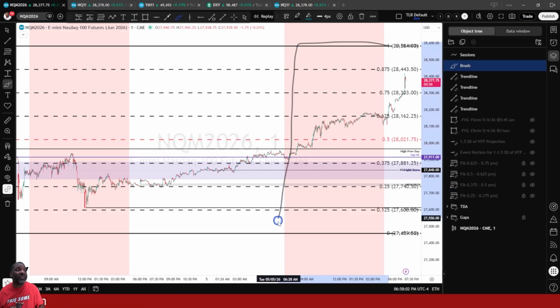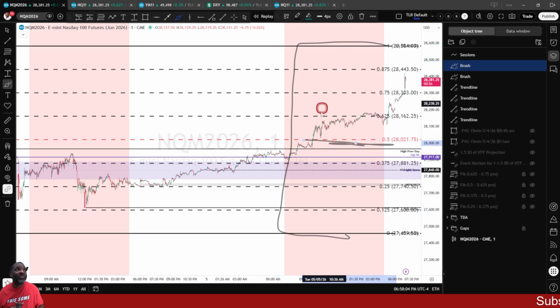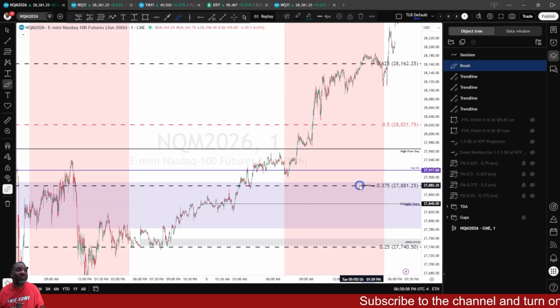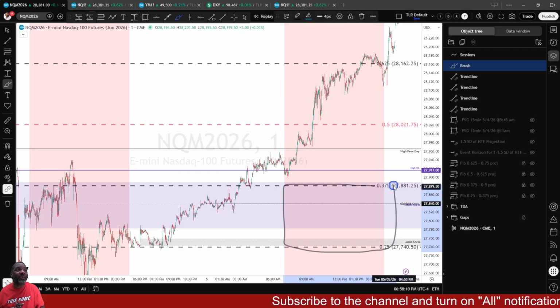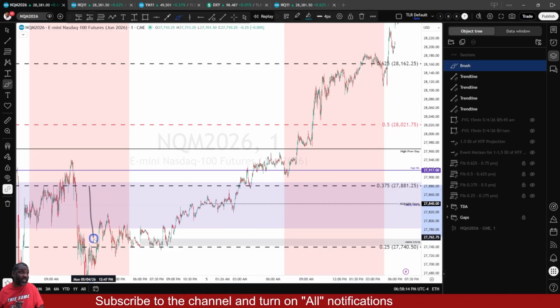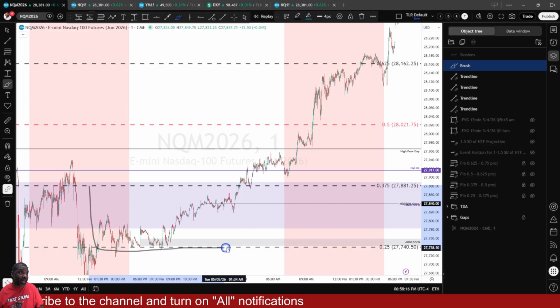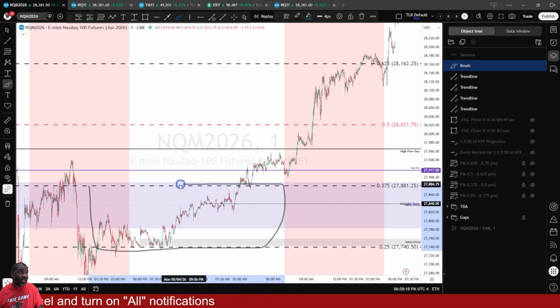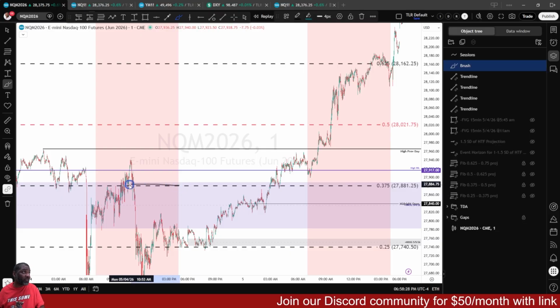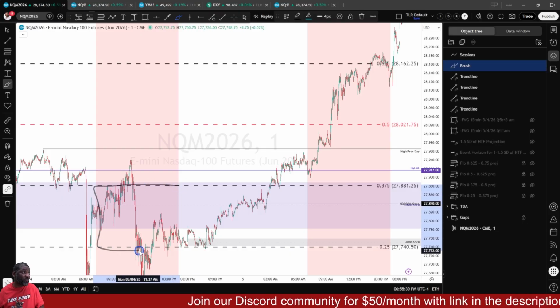We was looking at the event horizon here, and now we're looking at the event horizon here. Can y'all see it? Just imagine in your mind, I'm gonna put a box around this price action right here. Matter of fact, let's go back over to yesterday in New York time, and I'm gonna put a box, the 0.375 down to the 0.25.